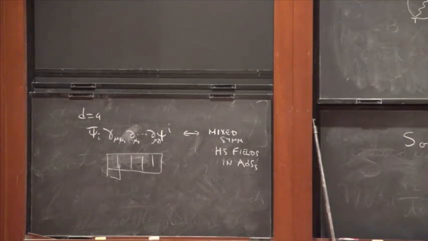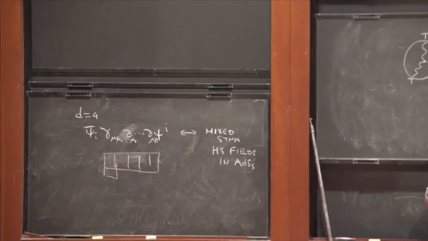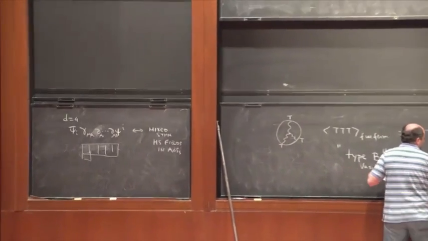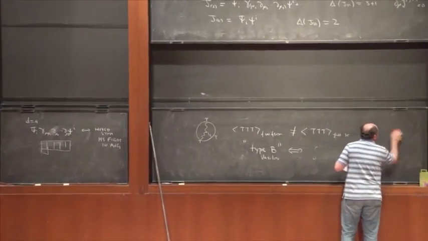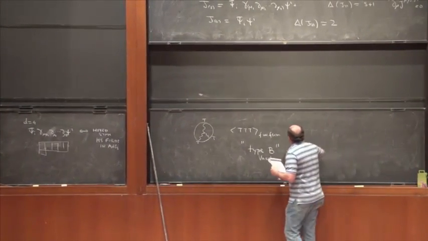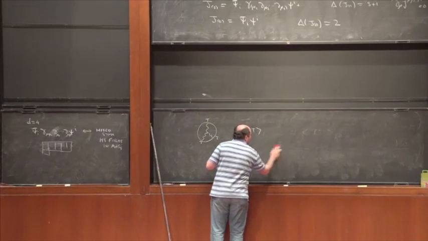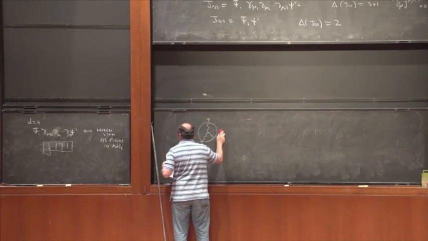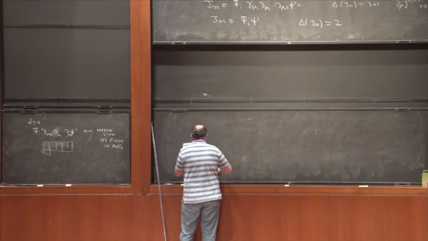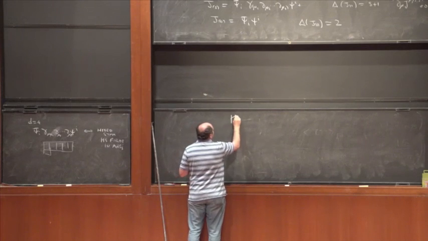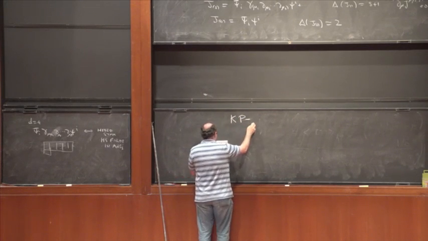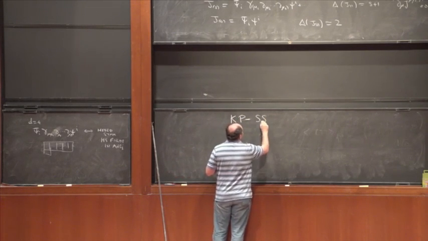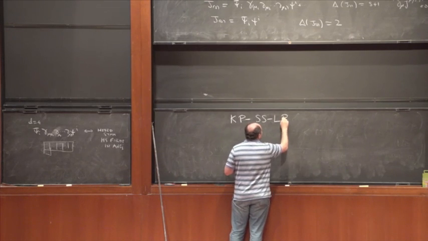Before we move on, let me write down a table summarizing all the dualities that we've discussed so far. I'll call these the Klebanov-Polyakov, Sezgin-Sundell, Leigh-Petkou dualities.